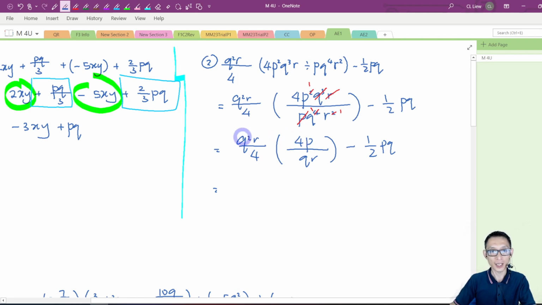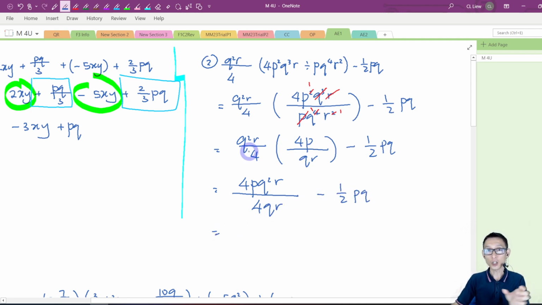So 4p times this whole thing, you will get 4p q squared r. So how about here? 4qr minus 1 over 2 pq. Okay, after combining these two terms, then only I start to do the simplification.